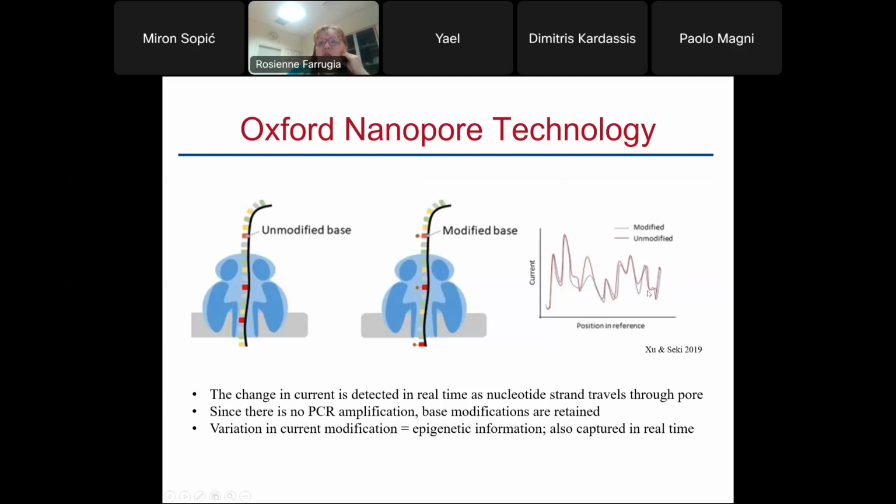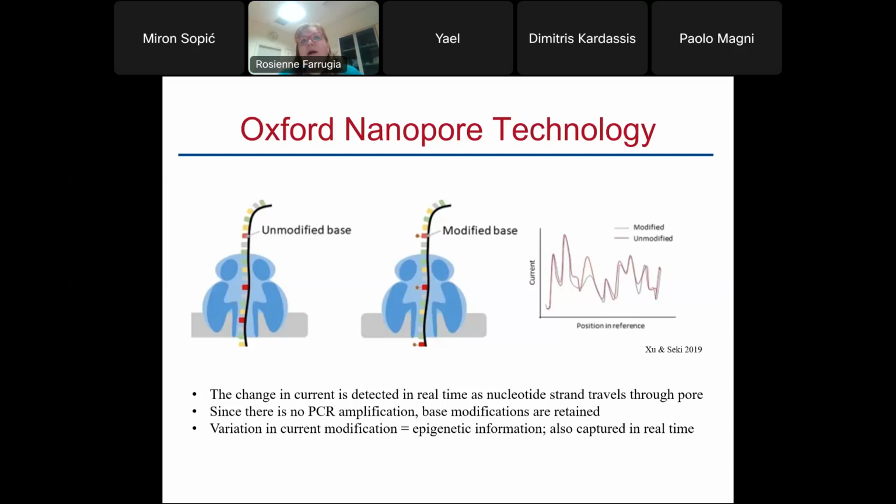And the profiles, which are superimposed at the end of the slide, are the profile of the non-modified sequence, which is in red, overlaid by the profile of the modified sequence, the sequence where the G nucleotides have got methyl groups, in blue. And you'll notice that the profiles are different. And the profiles are different because a methylated G, the structure of a methylated G, is different to the structure of an unmodified G, for example. And therefore, the way it blocks the current passing through the pore will be different.